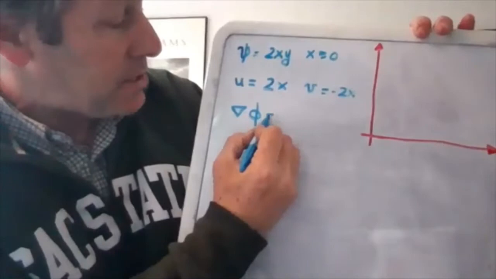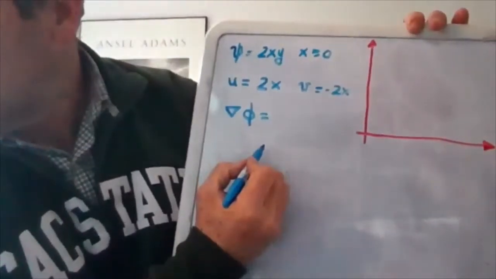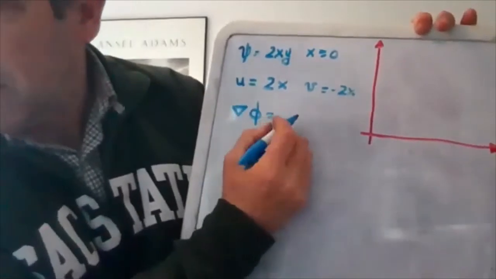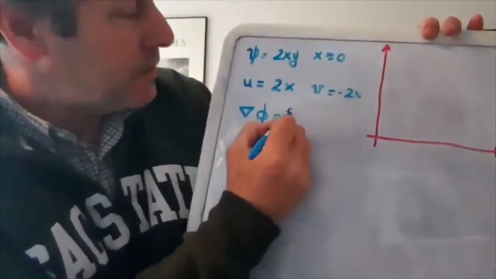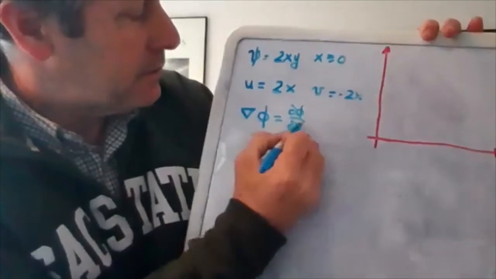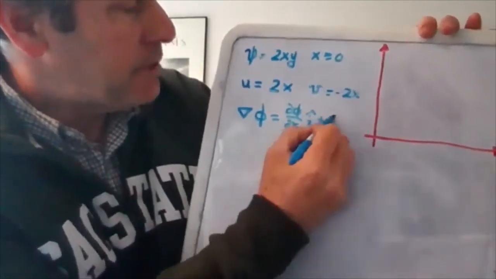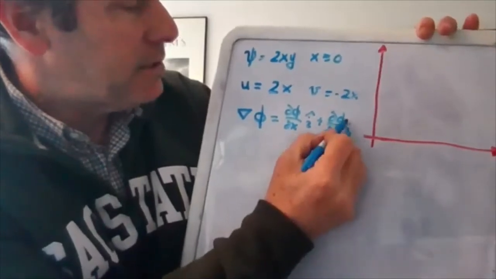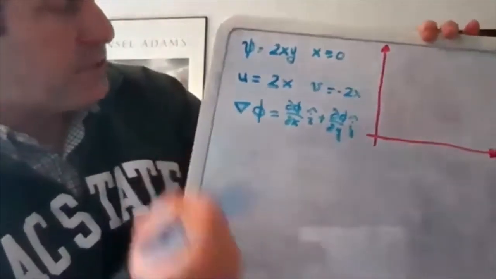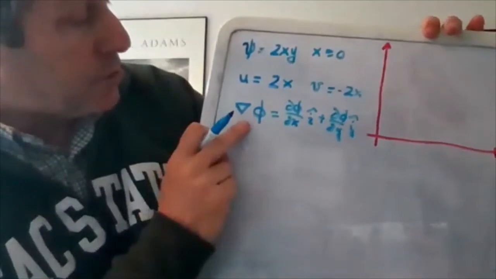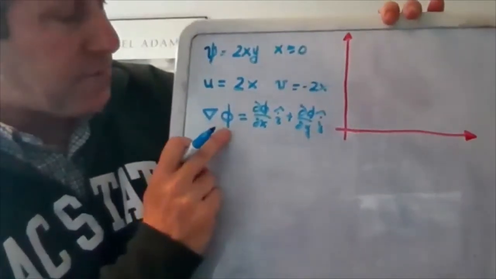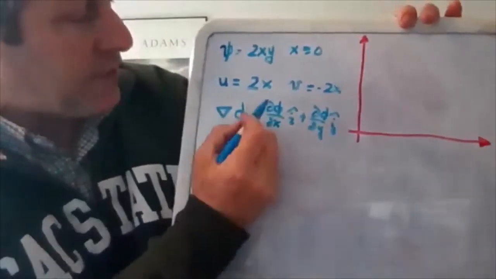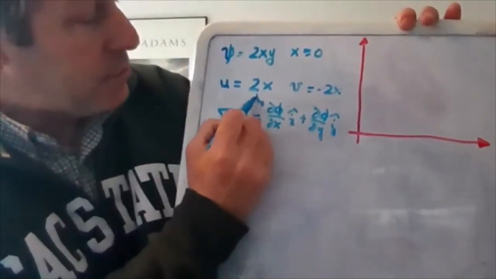So the gradient of the velocity potential function is equal to d phi dx times i hat plus d phi dy times j hat. Hopefully you have that in your notes and you can see, also the gradient of the velocity potential function is the velocity vector. So this is the velocity vector, so it's got to be the case that these two things are equal.